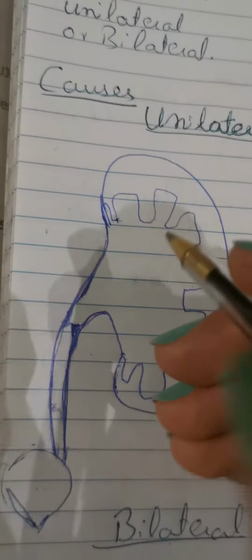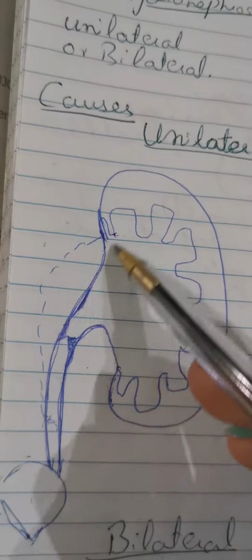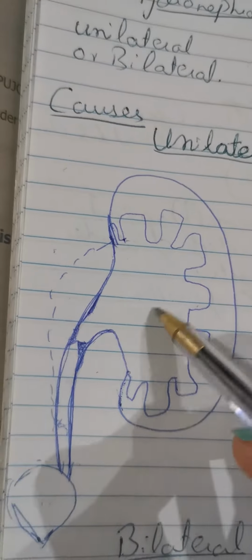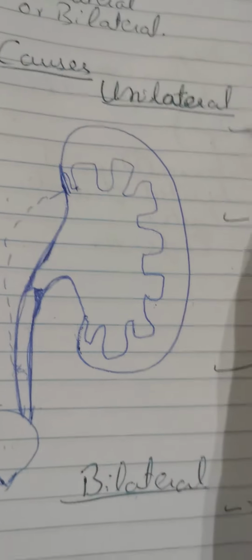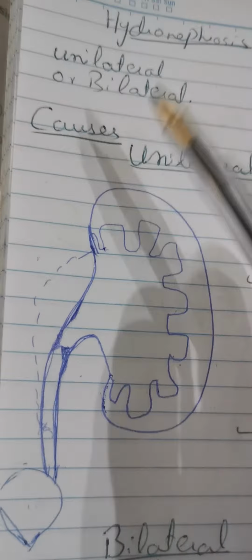But in hydronephrosis we have this sort of a pelvis and calyces which are dilated due to the extensive amount of urine present. So the causes can lead to either unilateral or bilateral obstruction.